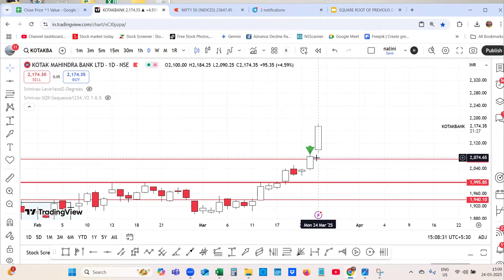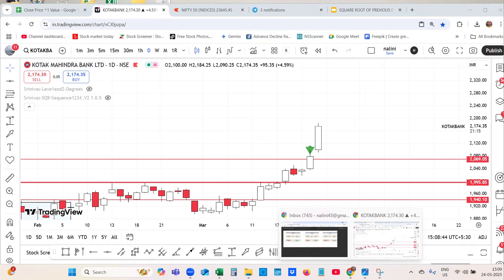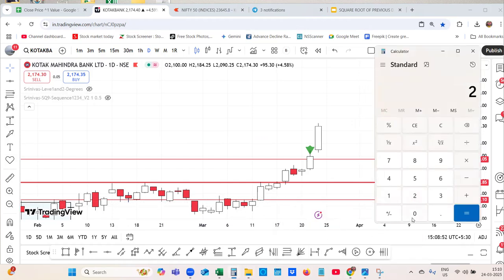And let us calculate it ourselves. This is the closing price, 2079. Let me take the calculator. 2079. First, what are we doing? Normalizing the price data, which means we are taking the square root. When we take the square root, I am getting this value.